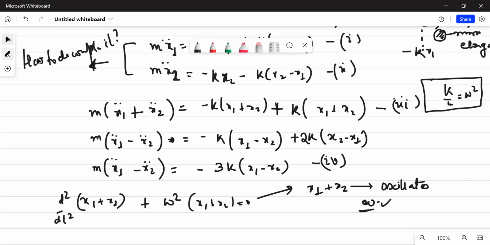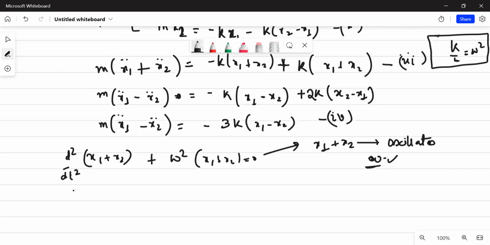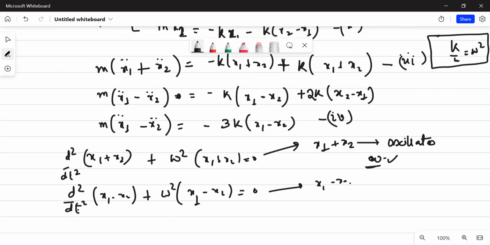And what about the second oscillation? Like the second normal coordinate, d2 upon dt square (x1 minus x2) plus omega square (x1 minus x2) equal to 0. This will oscillate with a frequency 3 omega. Not 3 omega, root 3 omega, because you see, this is 3k by m.